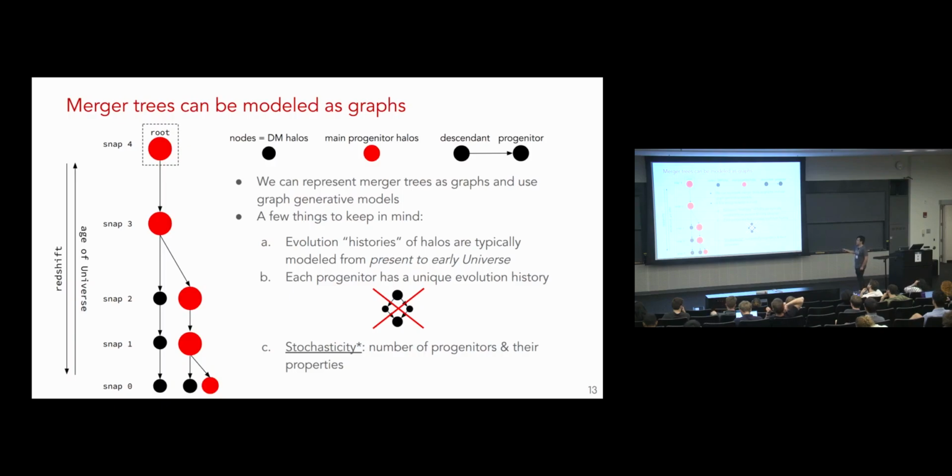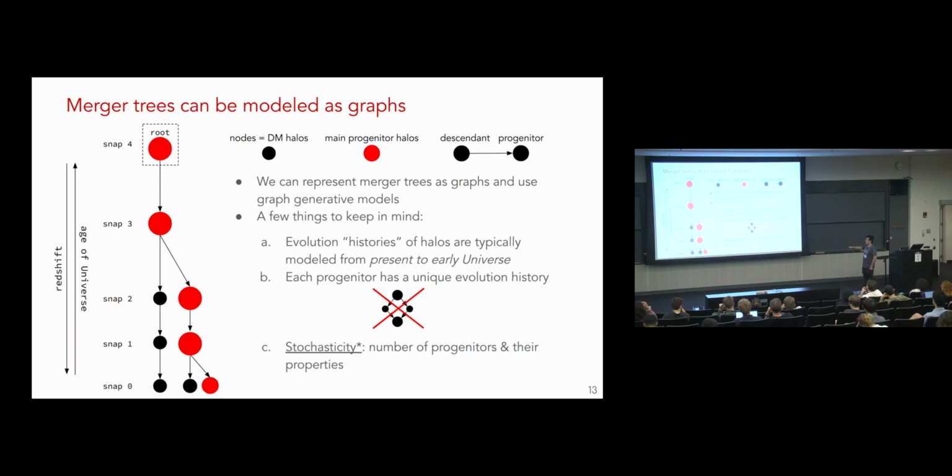And the progenitor has a very unique evolution history. Basically, when halos merge with each other, they do not split again. In reality, they could, physically or numerically in the simulations, but for all intents and purposes, every time that happens it's usually numerical noise, so you don't really want to model that.